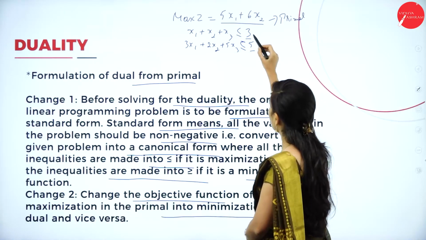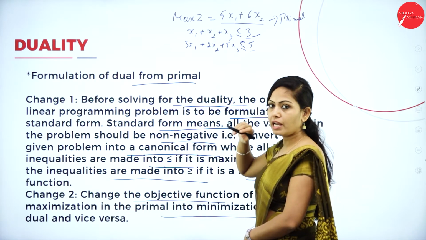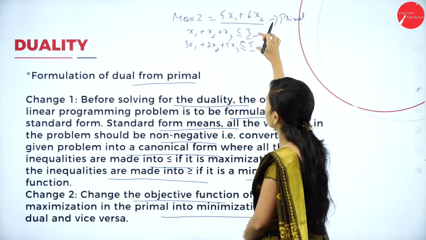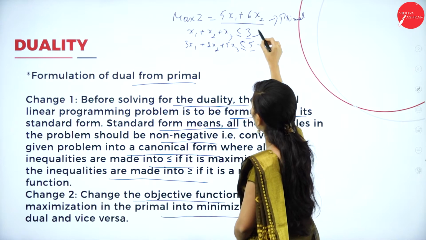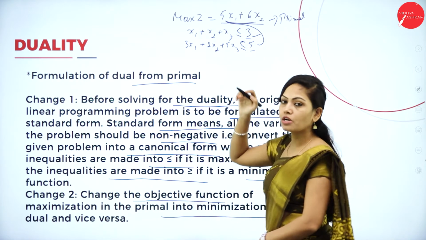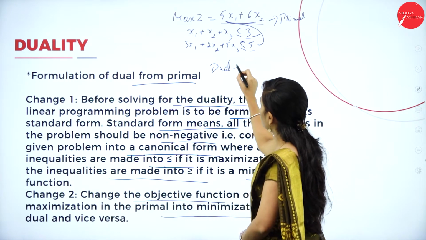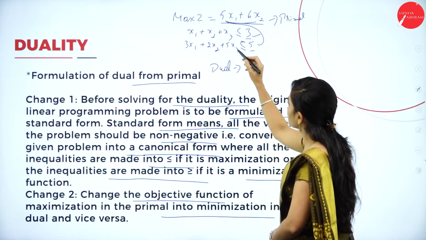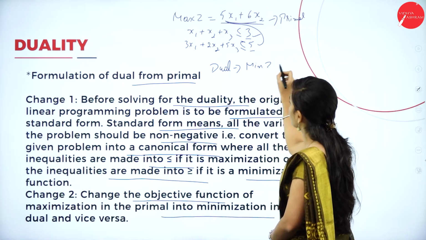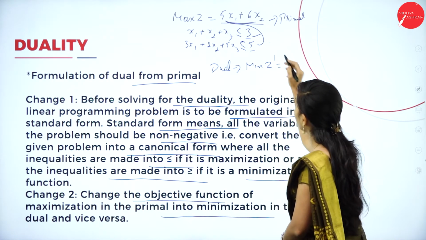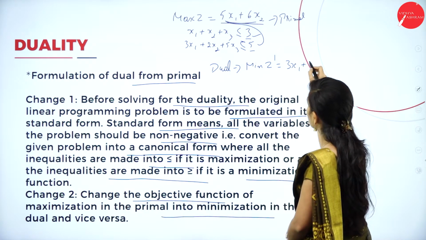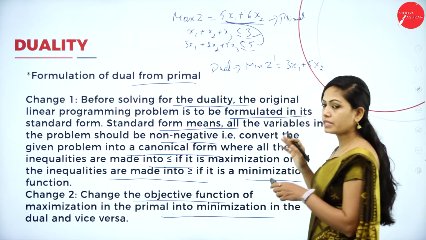For example, here I have the RHS values 3 and 5. So this 3 and 5 will move on to the coefficients of the objective function. So dual of this problem is max changes to min z dash is equal to 3x1 plus 5x2. Listen carefully.